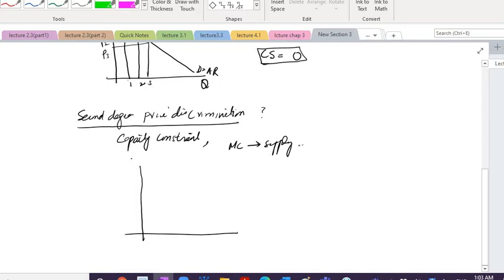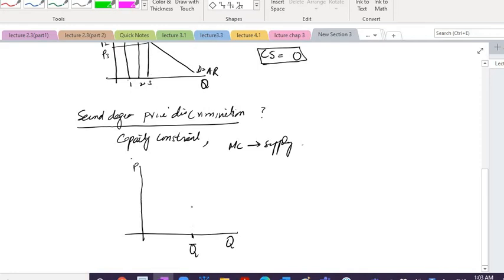Since the firm is interested in selling all its capacity, suppose this is the quantity level, this is the price, and this is the capacity of the firm. The firm has to sell its output till this level.